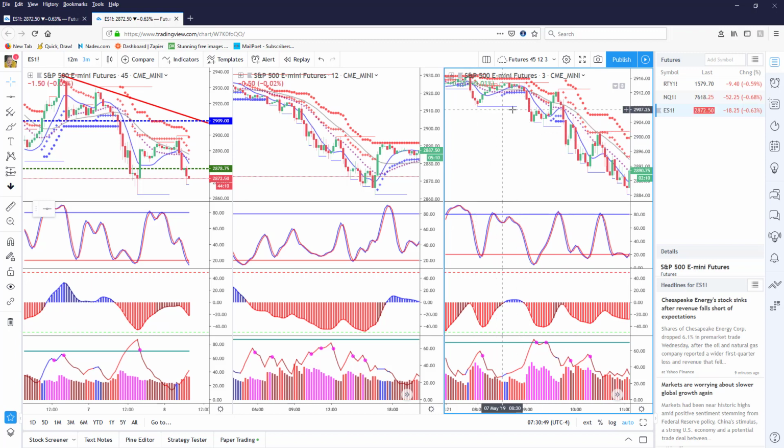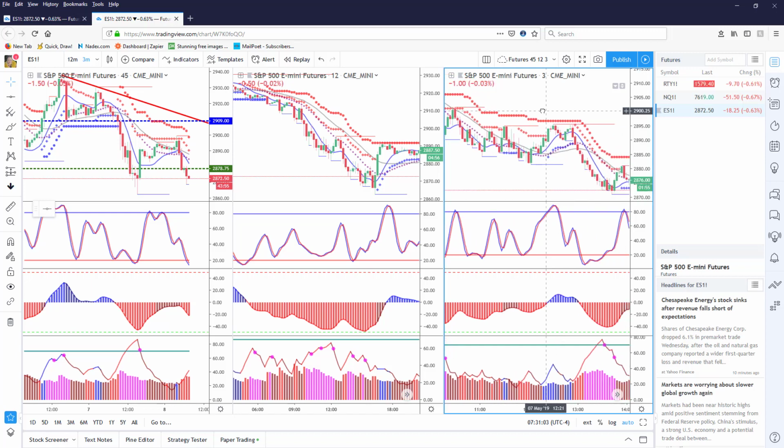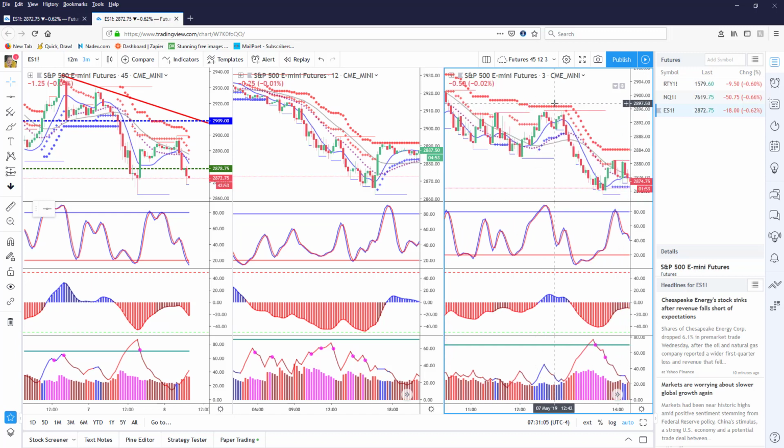And again, multiple entries throughout the day on all of these instruments. And again, watch for these little double tops and double bottoms because they give you excellent low risk entry points as long as you can get in without a wide bar forming.